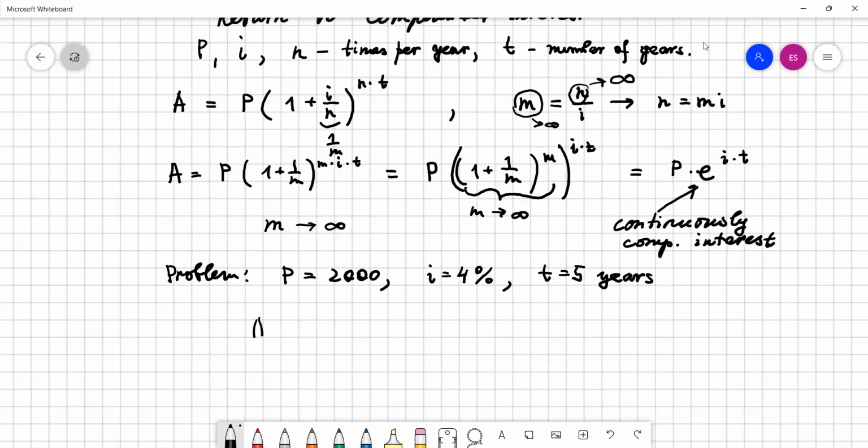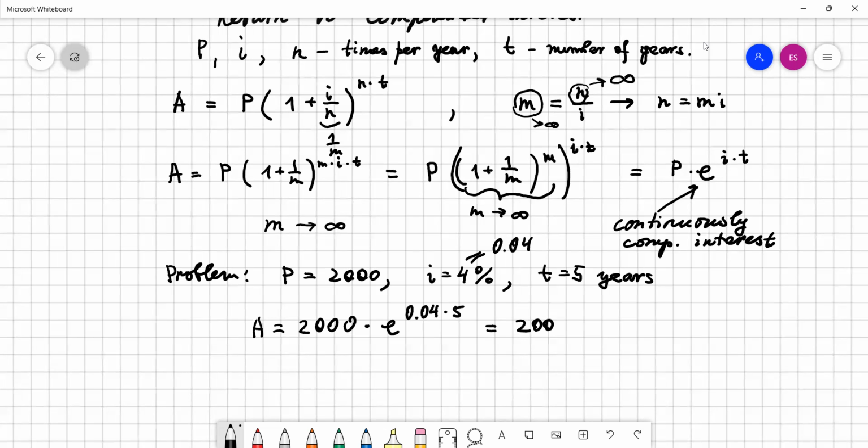And to calculate A, we just need to plug in three numbers we know, 2000, and over here, sorry, should not be parentheses, should be e to the power of the interest rate, which is 0.04. We remember that we convert this into parts of a unit, multiplied by time, which is 5 years.